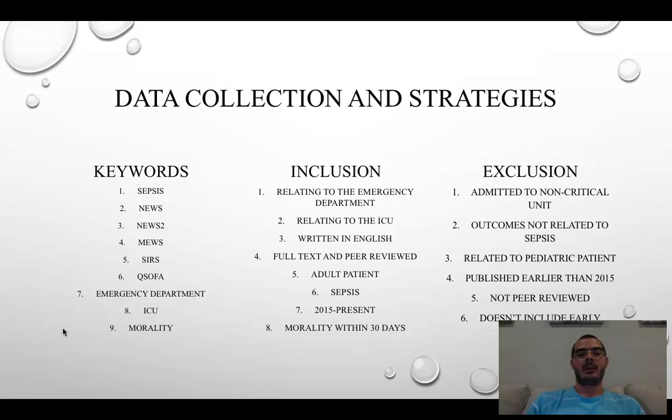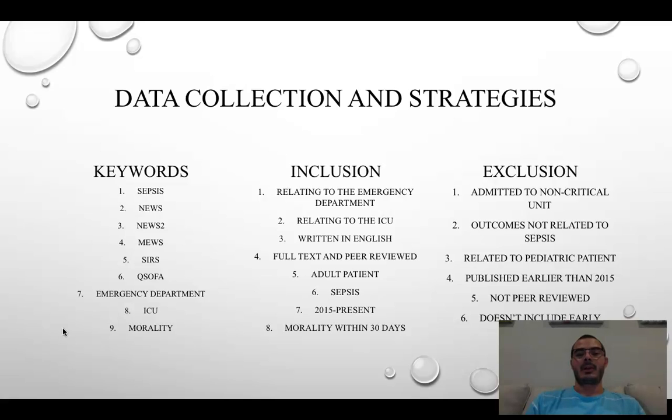NEWS2 is just the updated version of NEWS, and then MEWS is one of the most used early warning scores being implemented nowadays. It is popular in Jacksonville, Florida, and I'll get a little more into what I am doing currently with the MEWS score in my own hospital.